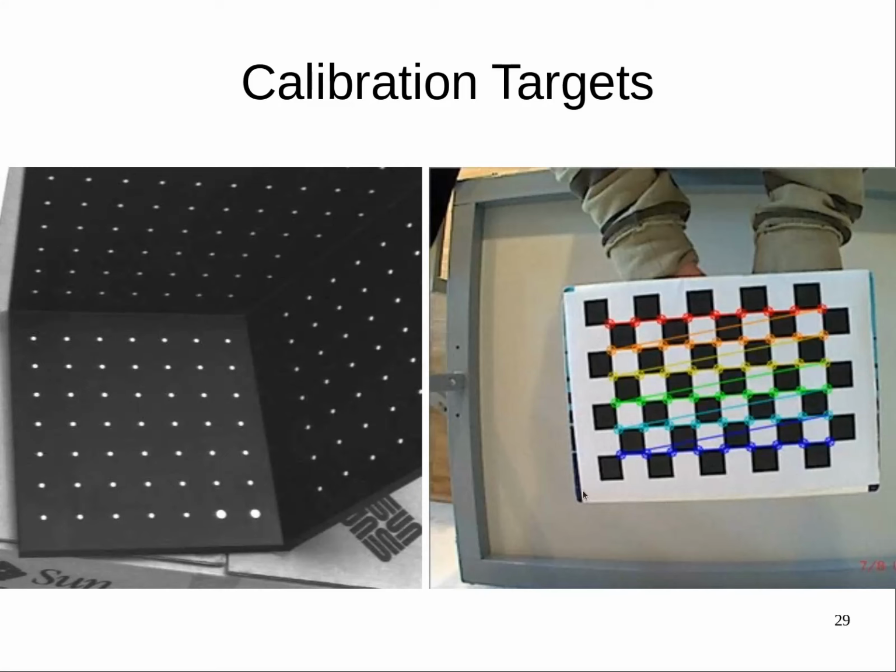The drawback of detecting things like that is that the whole pattern always needs to be visible, because if a part of this is cut out, you cannot establish this order anymore, and then you do not know which corner corresponds to which 3D point, and you don't have point correspondences.